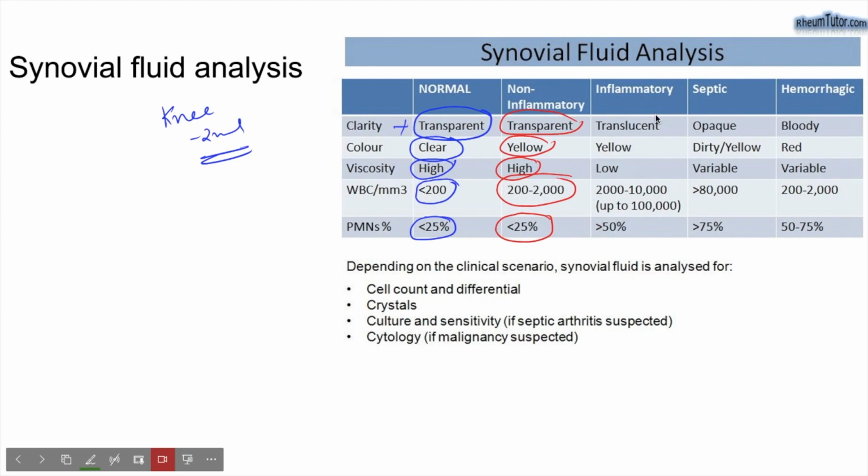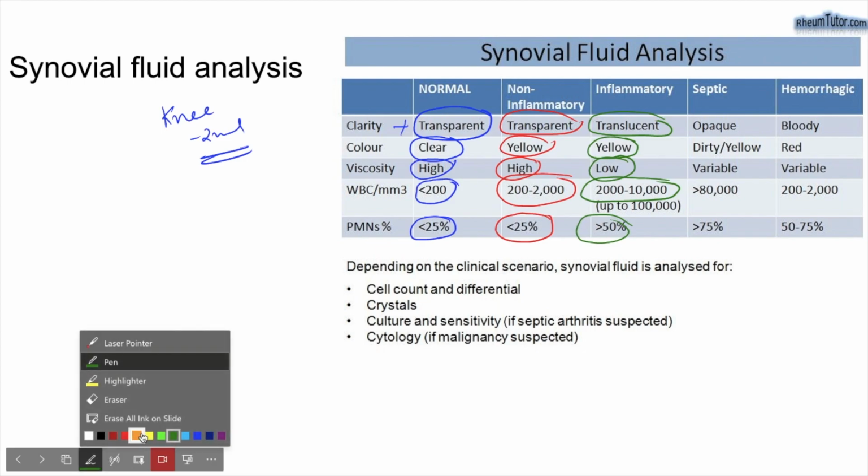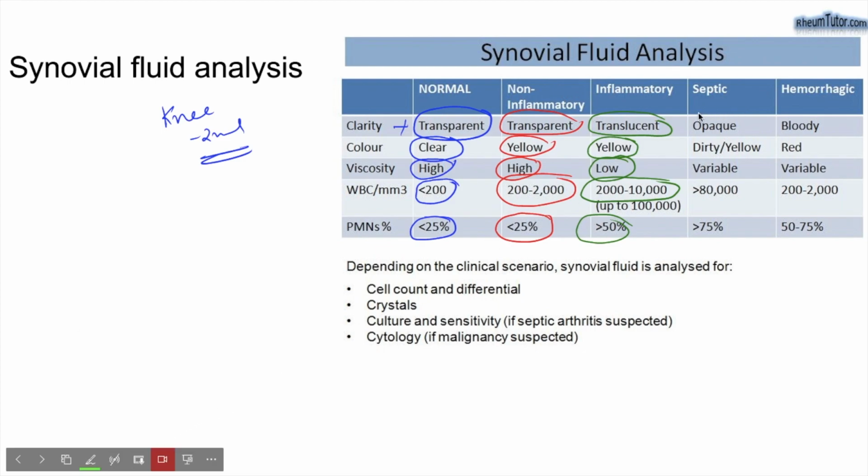In inflammatory pathology, for example rheumatoid arthritis, it is translucent, the color is yellow, the viscosity is low, and you might find 2000 to 10,000 WBCs per cubic millimeter, with polymorphonuclear cells more than 50% of the total leukocyte count.